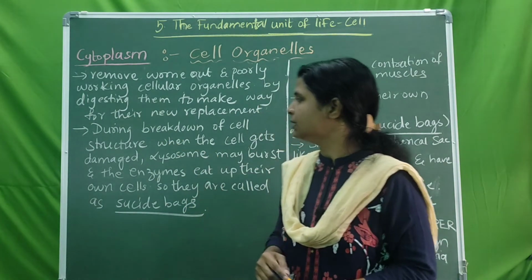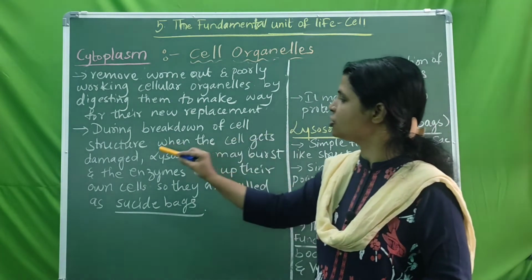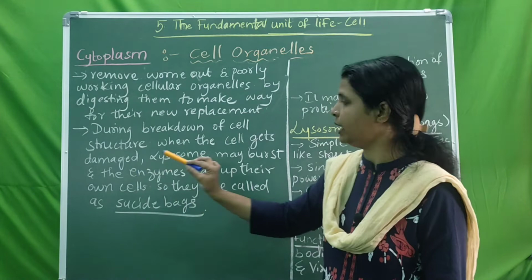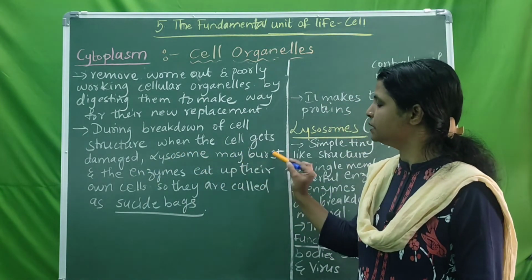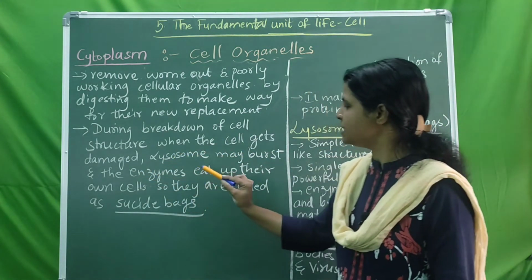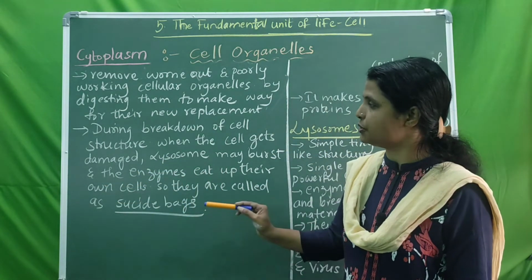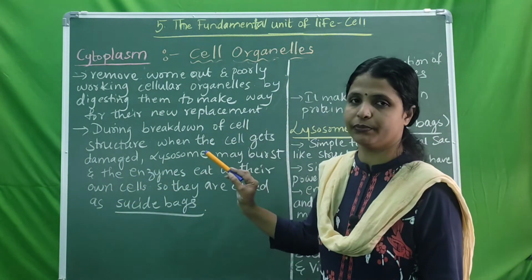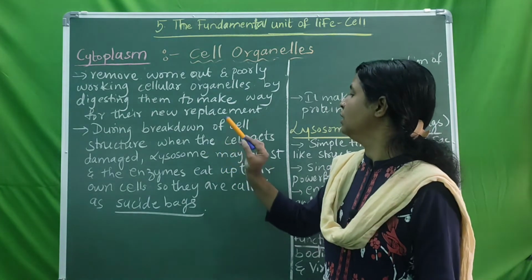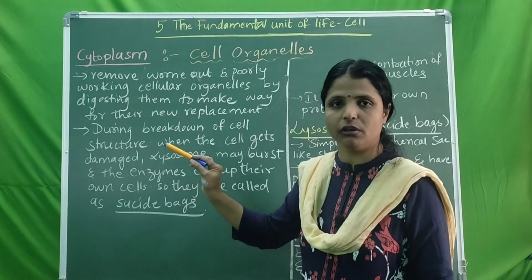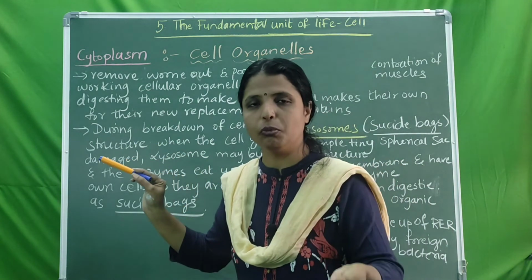Then the next one, that is during the breakdown of cell structure, when the cell gets damaged, okay, lysosomes may burst and the enzymes eat up their own cells. What is it doing? When the cell is breaking down, the cell gets damaged. You know very well, when we fall down, some part of our own body also gets damaged.